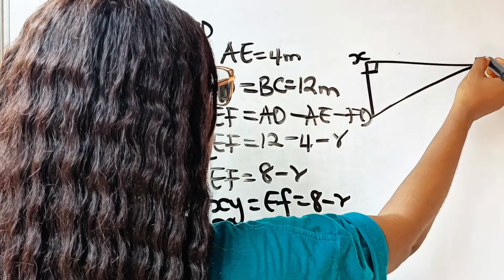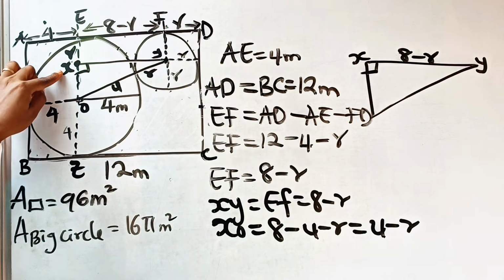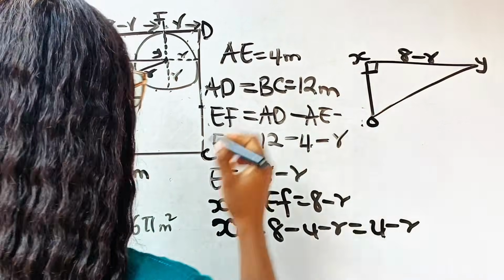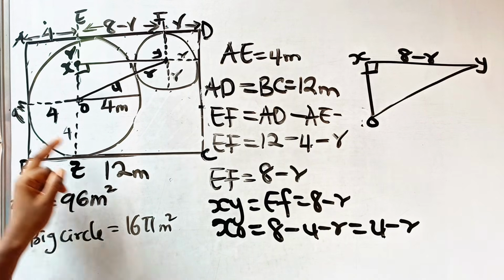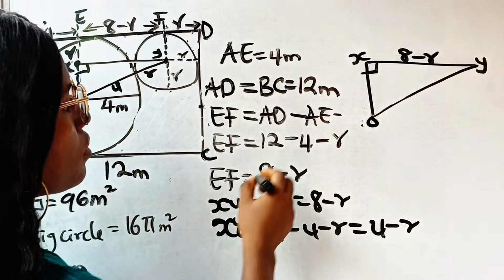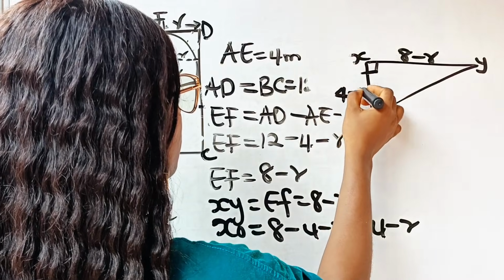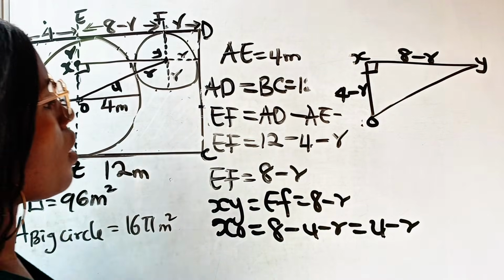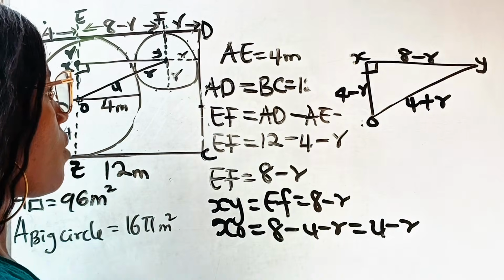This is XY, which is 8 minus R. And this is XO, and XO is what? That is what we got as 4 minus R. So here is 4 minus R. Then this side is 4 plus R. All right.